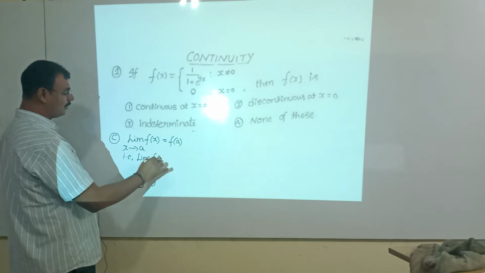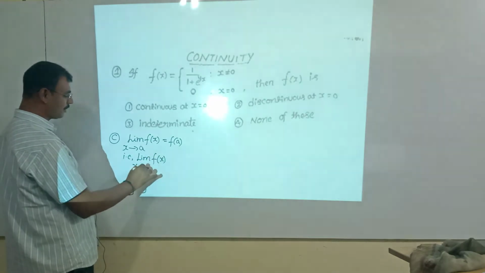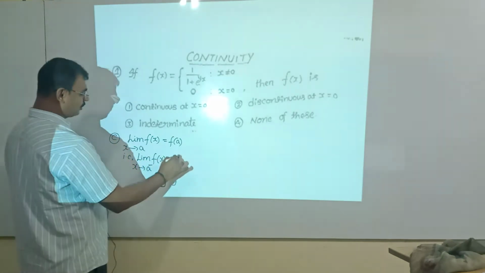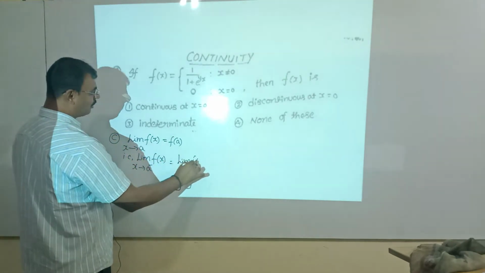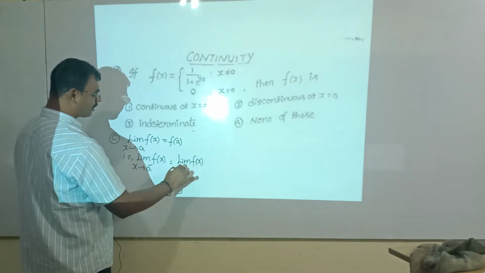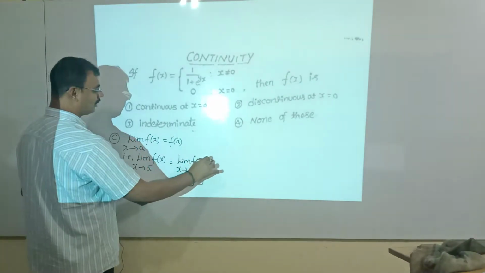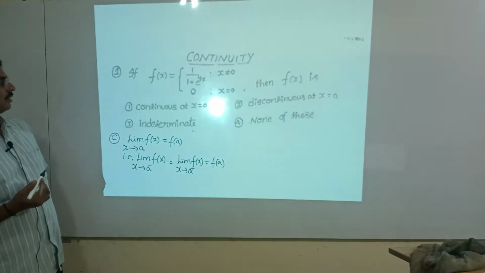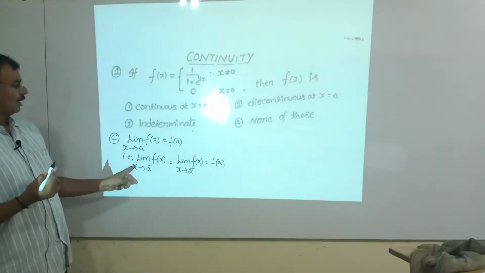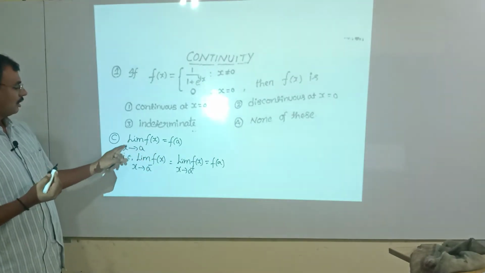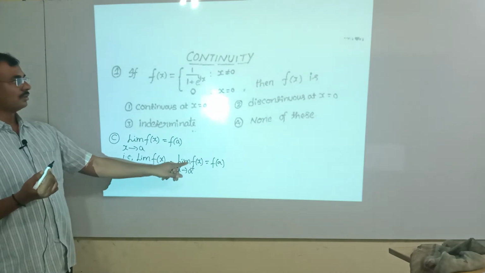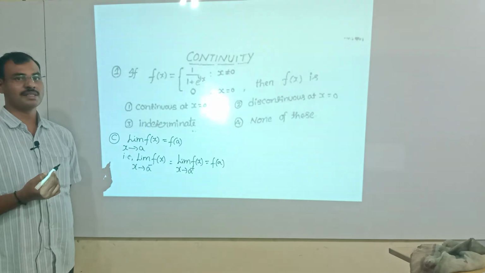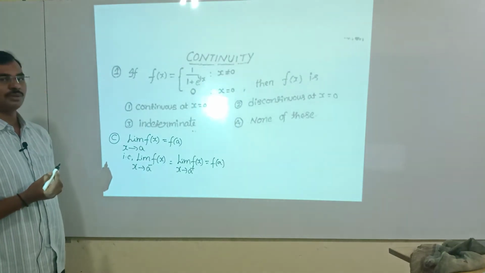The limit of f of x as x approaches a minus is equal to the limit of f of x as x approaches a plus, is equal to f of a. So this is the meaning of continuous. If the left hand limit is equal to the right hand limit is equal to f of a, then f is continuous at x is equal to a.